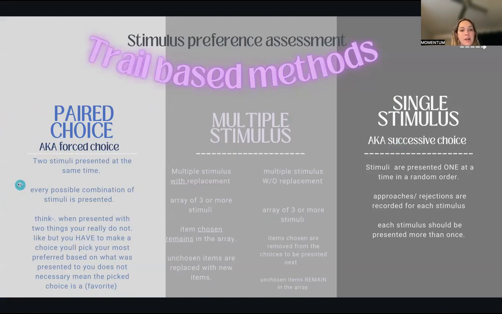So every possible combination of stimuli is presented. Think, when presented with two things you really do not like, but you have to make a choice, you'll pick your most preferred based on what was presented to you.